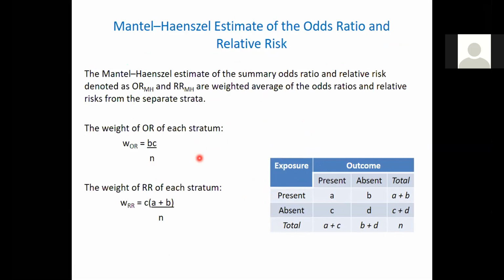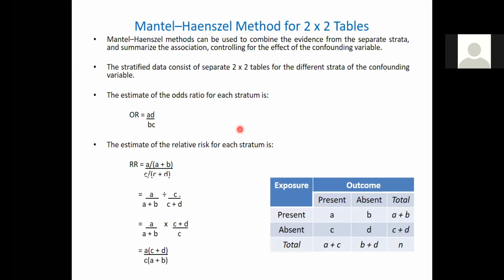You know, the grand total is n. So the weight will be from the denominator provided by each of them. The weight for the odds ratio will be the denominator of the odds ratio, which, if you remember, is BC over n, because n is the total.